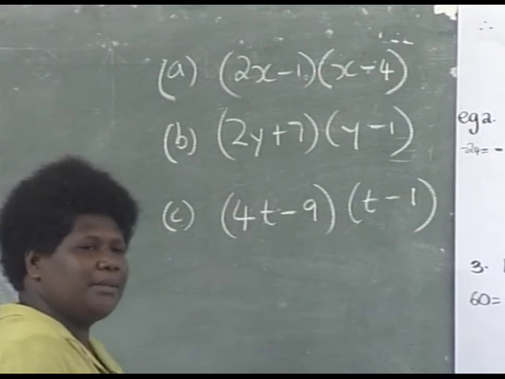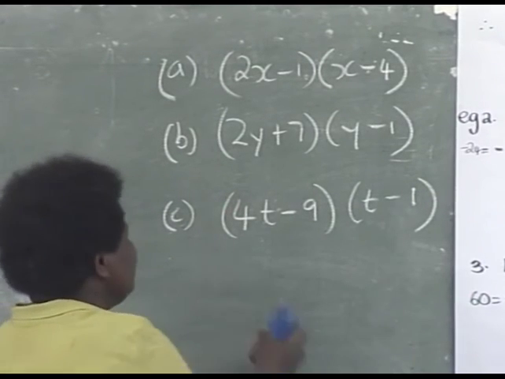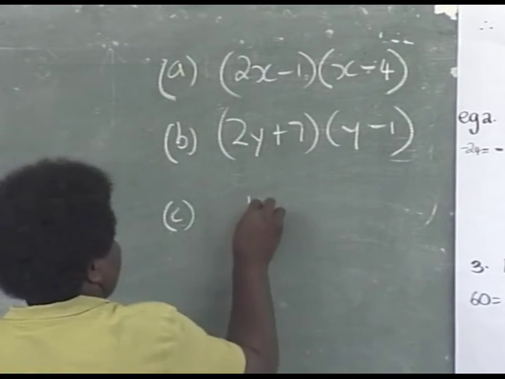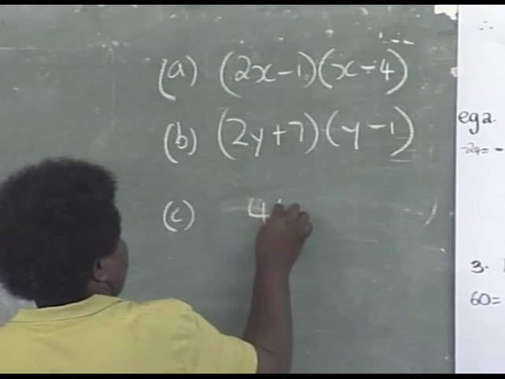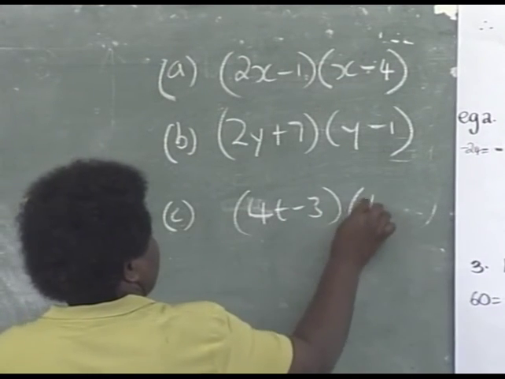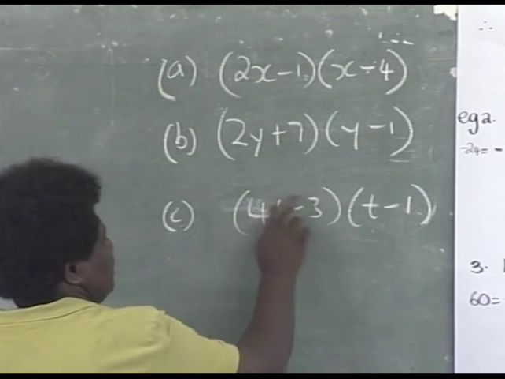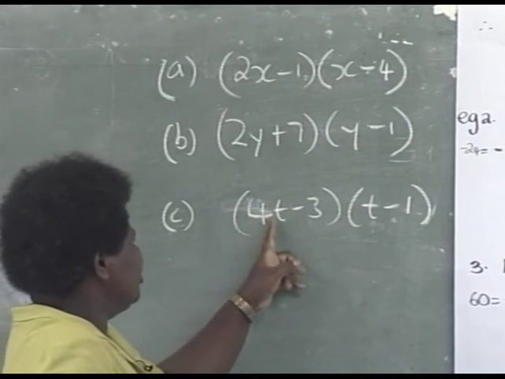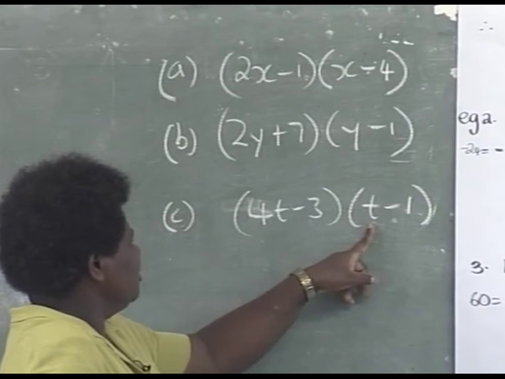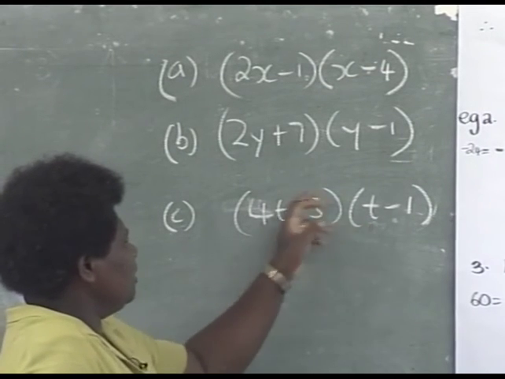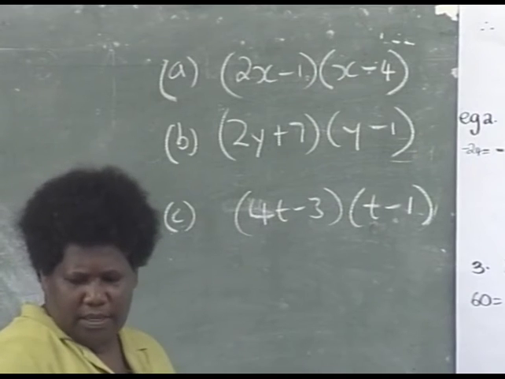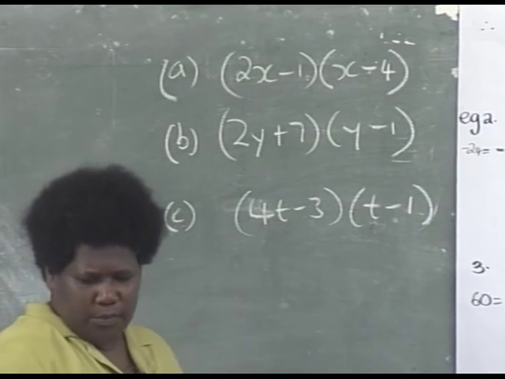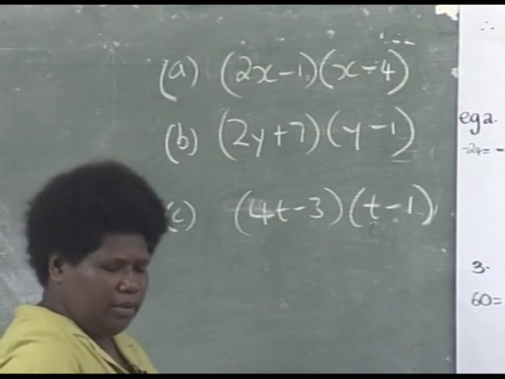Okay, Rita? 4t minus 3 times t minus 1. 4t squared minus 4t minus 3t gives me minus 7t plus minus 3 and minus 1 will give me positive 3 and not positive 9. Still it's wrong.